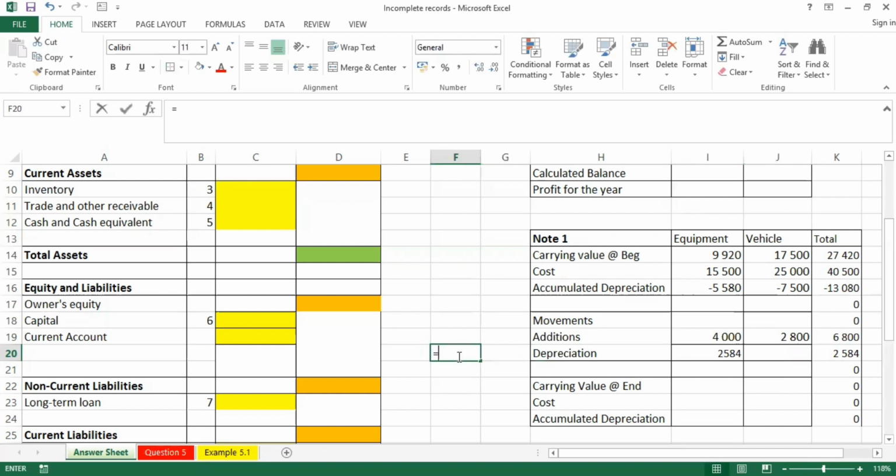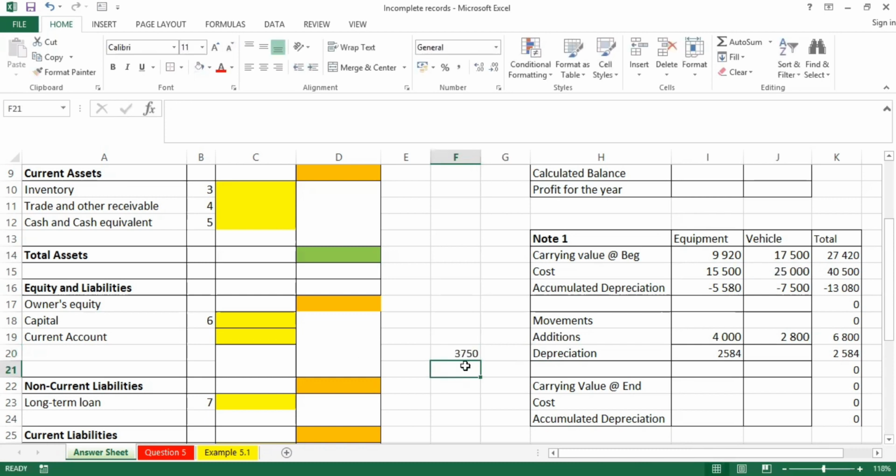So we have to say it's equal to 15%. We're calculating for the old vehicle, meaning the vehicle that's been in the business for a period of 12 months, times our cost at the beginning. We get this amount at the beginning, which is 25,000. Say enter, and it gives us this amount.